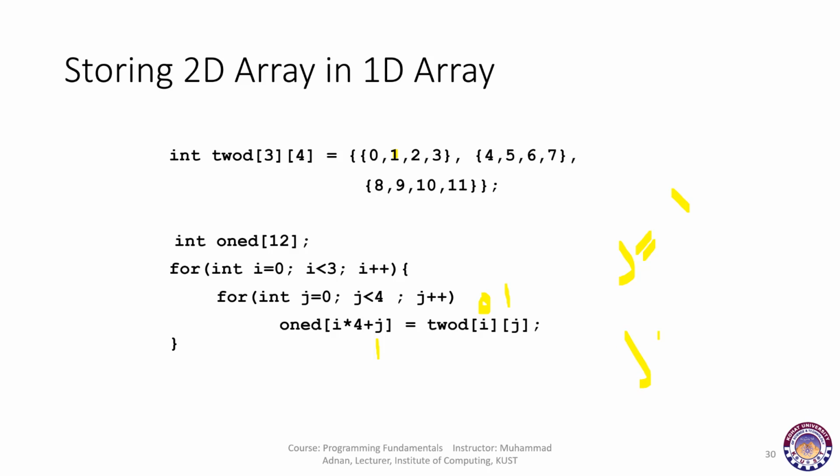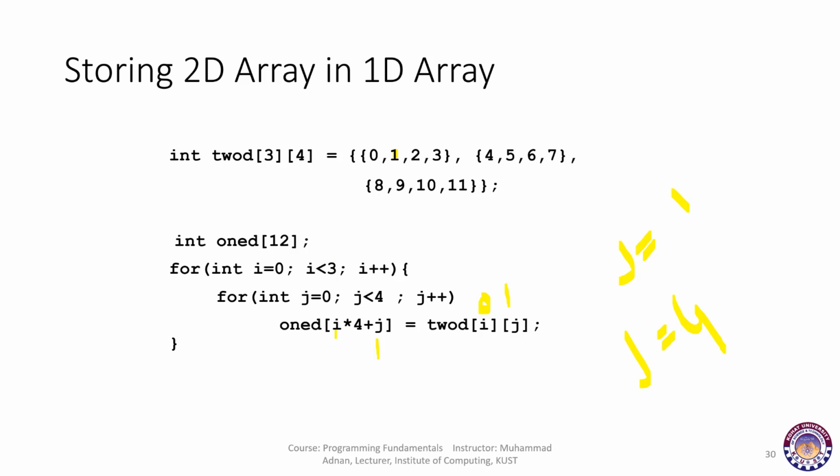Then when j is 4, this condition is false and we break and go to the outer loop. Because the outer loop is still running, we increment the value of i, it becomes 1, but i is still less than 3, and once again we move inside the inner for loop, and the same is repeated.